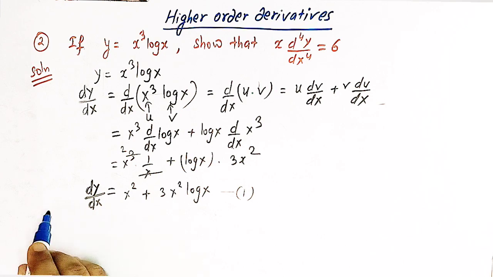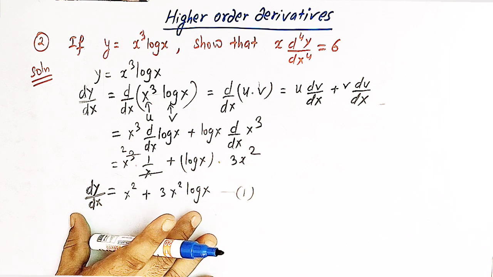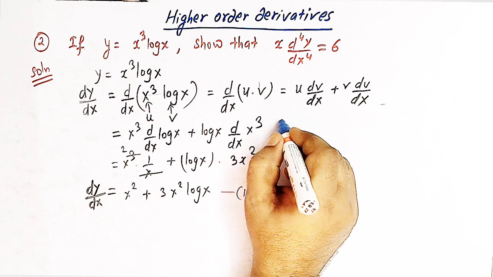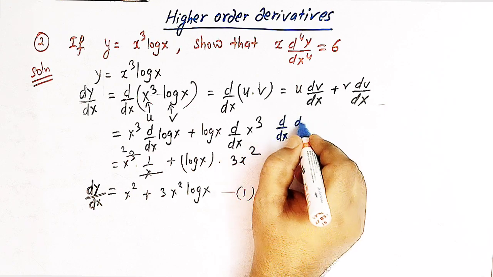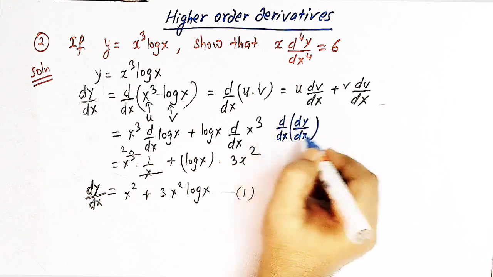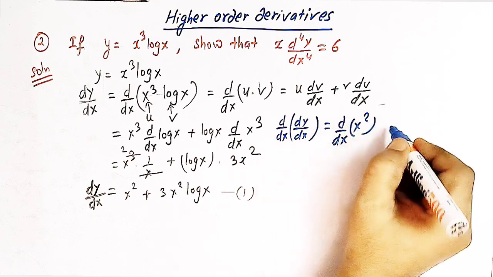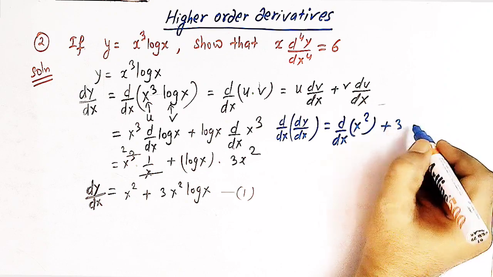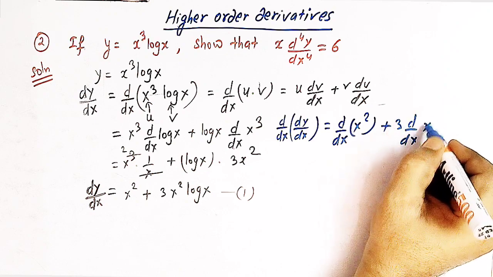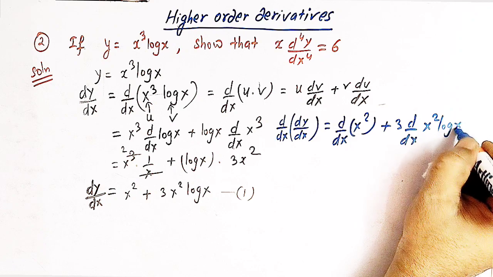So now differentiating both sides with respect to x to get the second derivative, we have d by dx of dy over dx, and here we have d by dx of x square plus 3 times the derivative of x square log x.